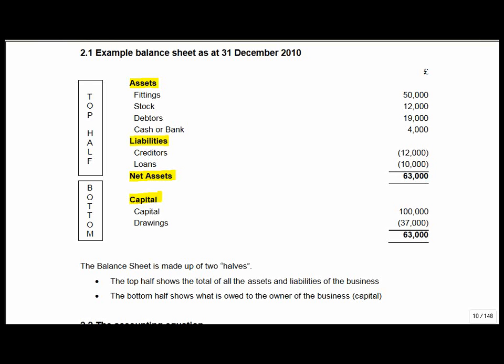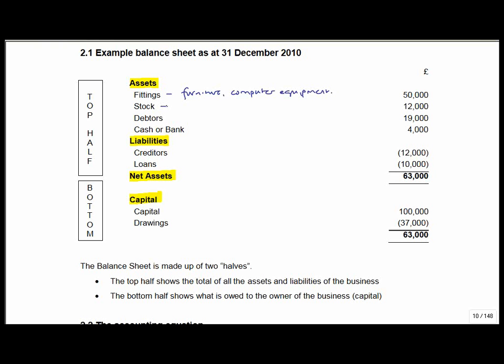So our assets then, I gave you some examples just now. So typically fittings such as furniture or computer equipment. These are sometimes all called fixed assets, and we've got a chapter dedicated to fixed assets in Unit 2 of the module.